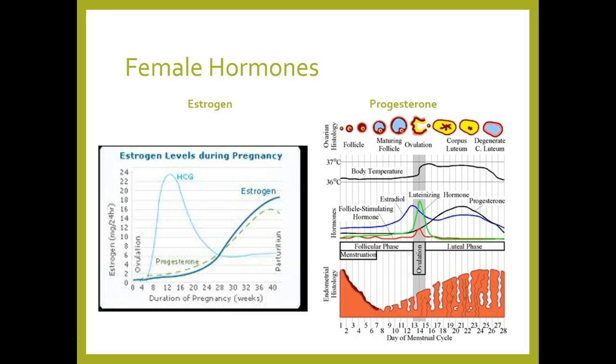Now, if you look down towards the middle of that chart, luteinizing hormone is in green, and you see that big, huge spike with the luteinizing hormone as ovulation happens, okay? And then you see it drop back off.